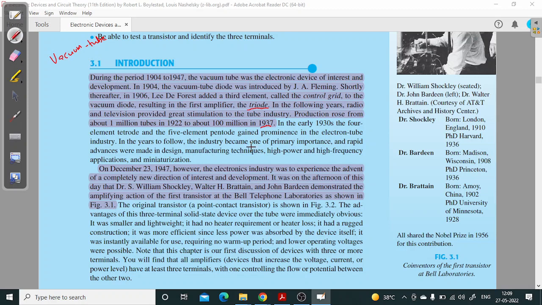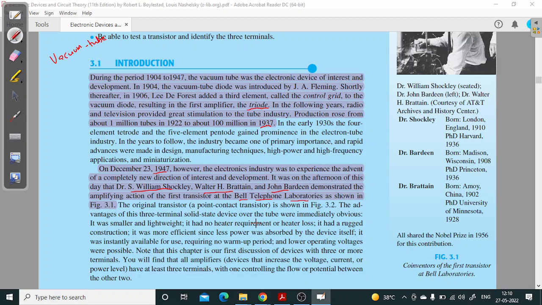But in 1947, these three scientists, Dr. William Shockley, Walter H. Brattain, and John Bardeen, demonstrated the amplifying action of the first transistor at Bell Telephone Laboratories. From there BJT took over from the vacuum tube, for several reasons.